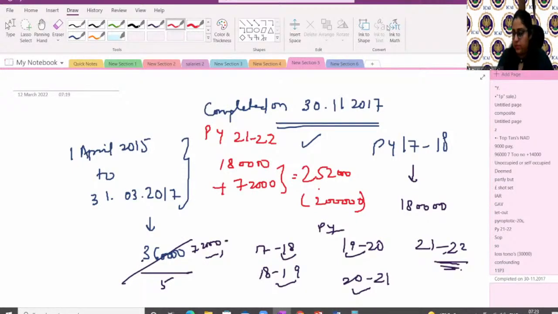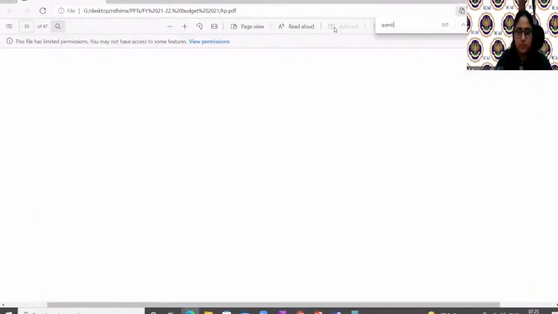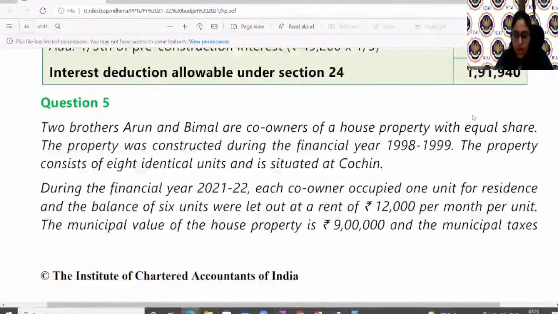Question 5. One second. What is question 5? What is the problem? Interest part. One second. Arun and Vimala, co-owners.